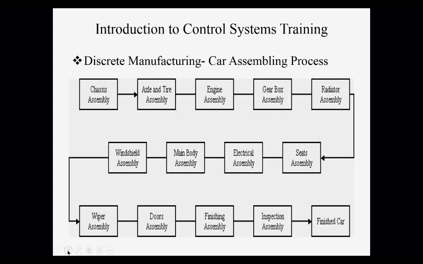Later, they have used the example of wiper assembly, door assembly, then the final finishing trim assembly. You put together your door trims and other small plastic items. Then once all this has been put together, you subject the vehicle to a final inspection, and if it passes the inspection, you get your finished car, right?